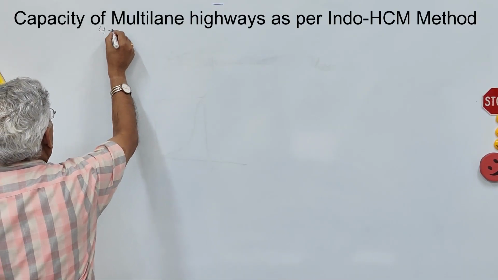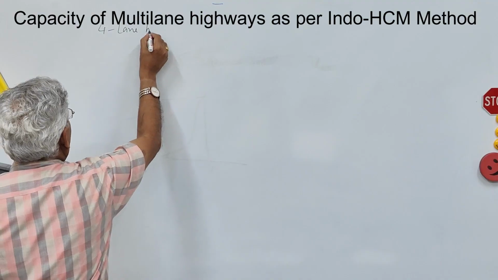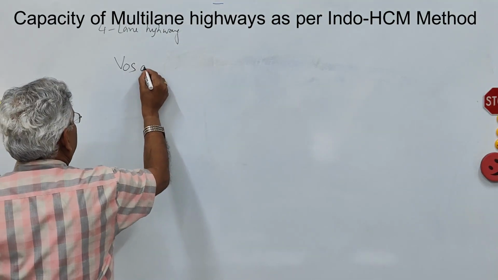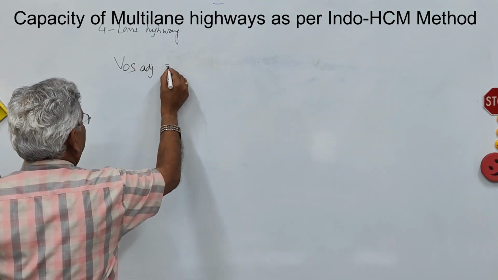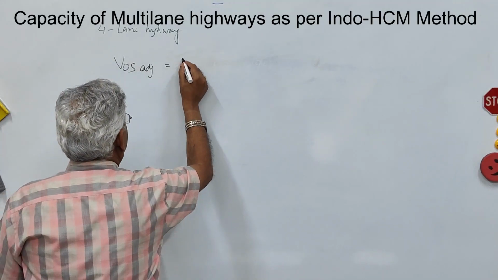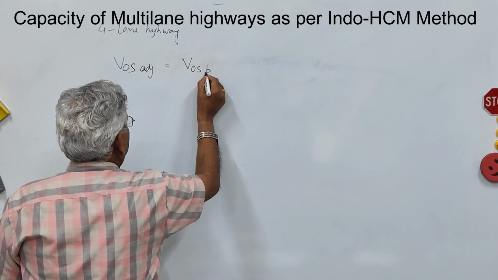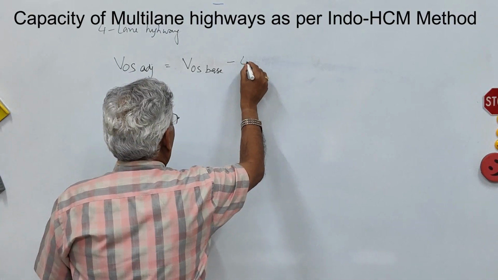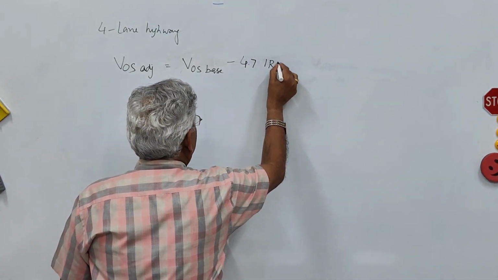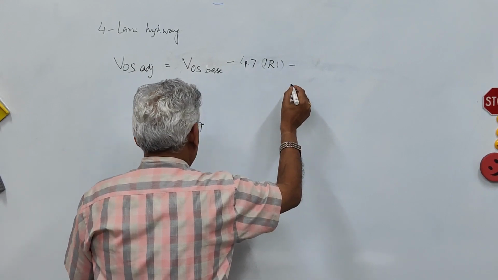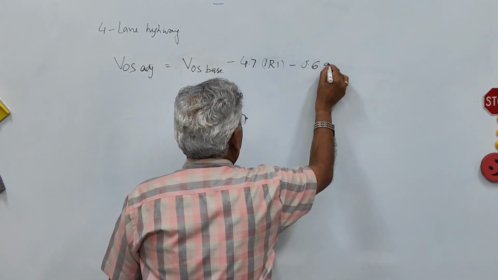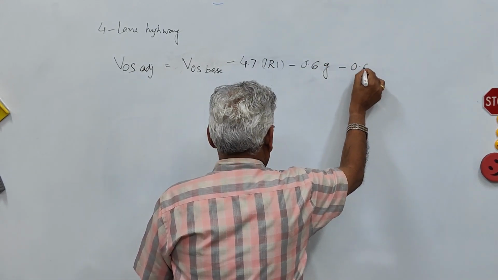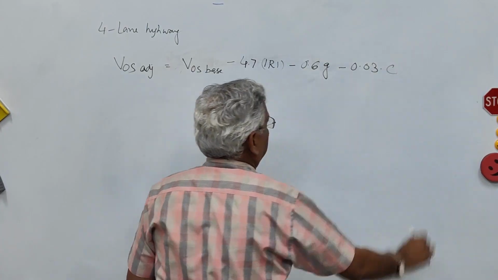So for, let us say, a 4-lane highway, the adjusted operating speed is your basic speed, which you measured in the field, minus 4.7 IRI, minus 0.6 times gradient, minus 0.03 times the curvature.